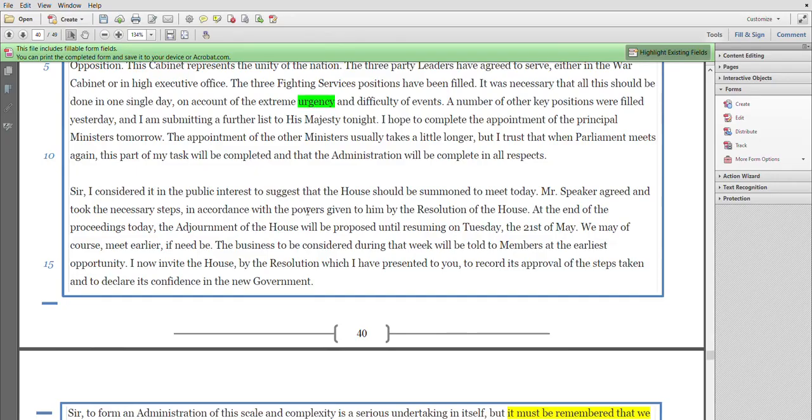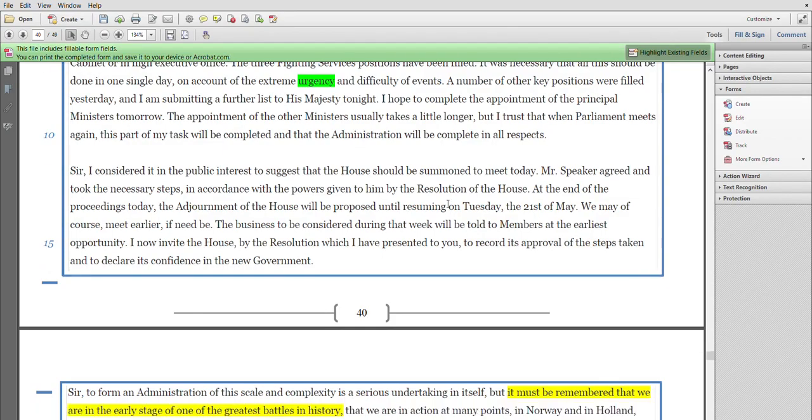Sir, I consider it in the public interest to suggest that the House should be summoned to meet today. Mr. Speaker agreed and took the necessary steps in accordance with the powers given to him by the resolution of the House. At the end of the proceedings today, the adjournment of the House will be proposed until resuming on Tuesday, the 21st of May.